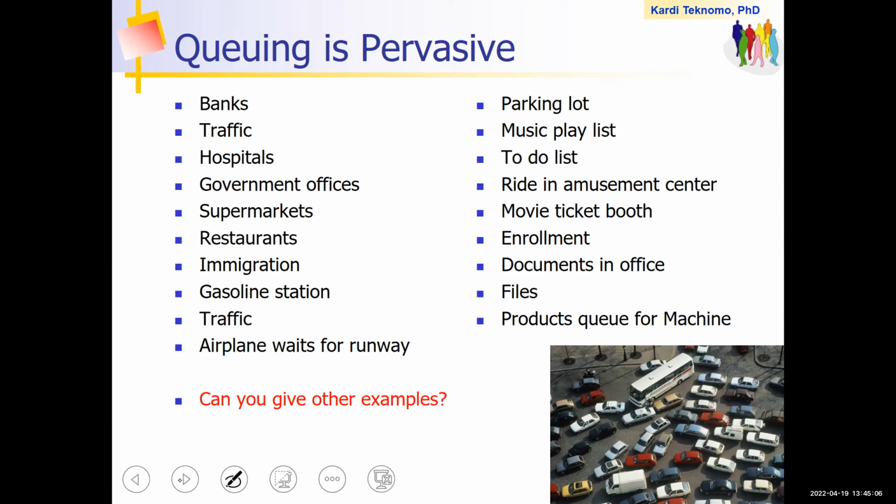The document in the office that needs to be signed by your boss is also queuing. It's not you who queue, it's the document that queues. The files or the product queue for the machine to be served. So if you look at this, you start to see queuing is not just for humans, but for any kind of system.